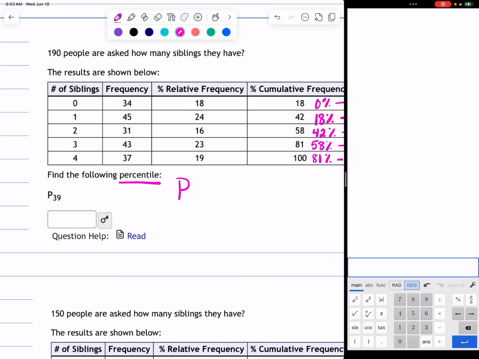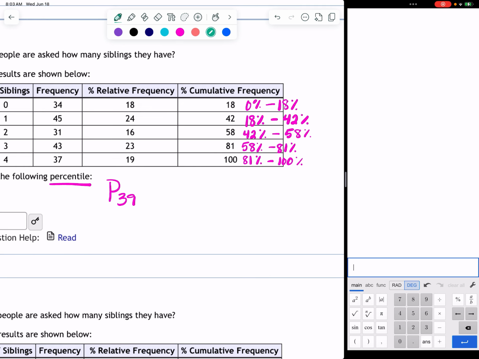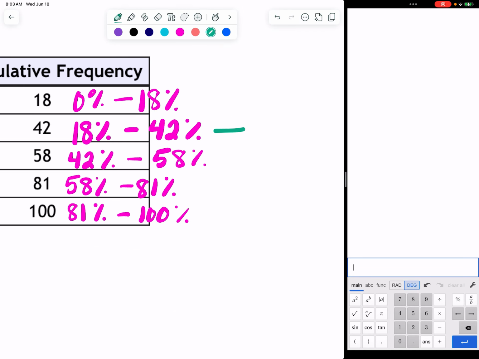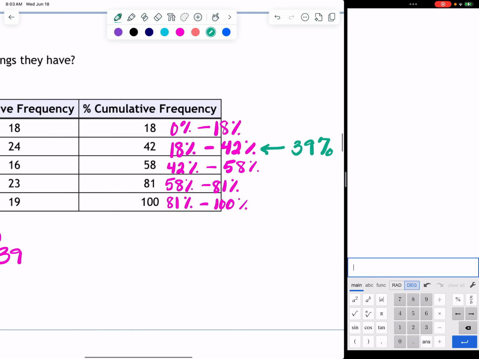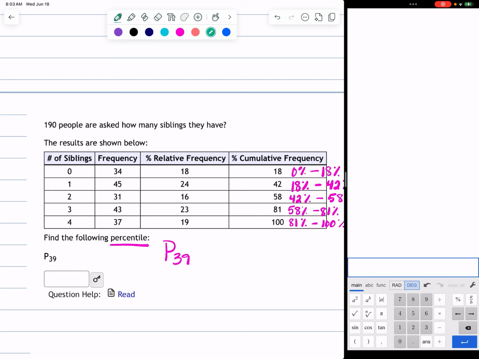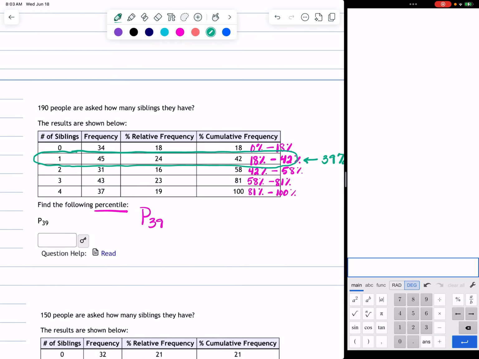Now we want P39. That means we want the 39th percentile. So I'm going to go find 39 in one of these intervals. 39% falls between 18% and 42%. That's not a great circling job, but that's okay.